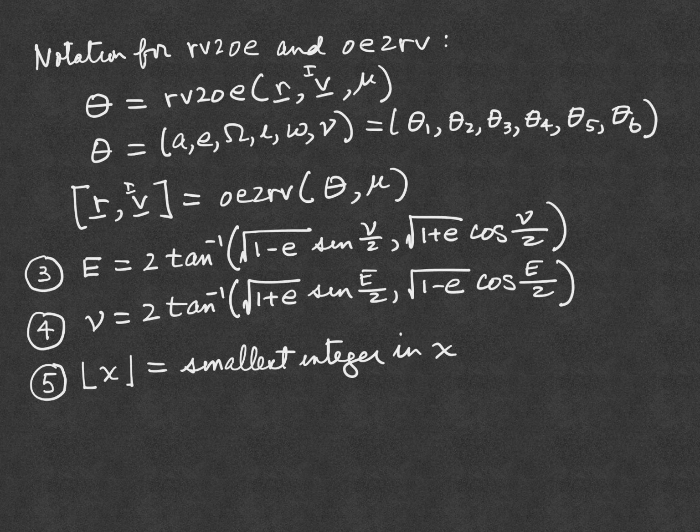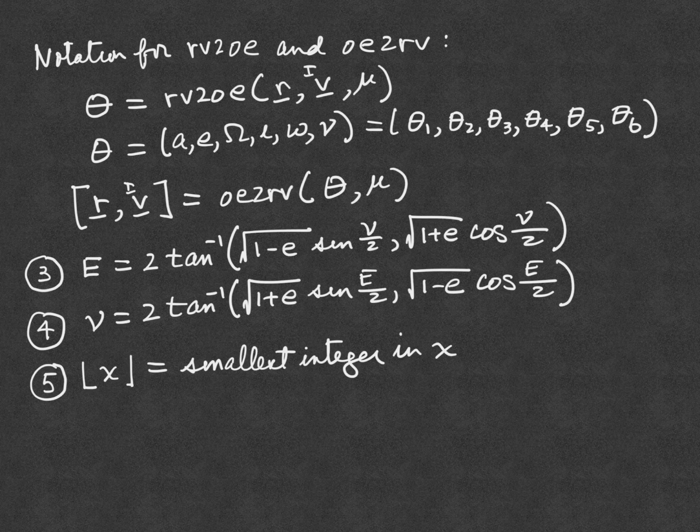So for example, if x is 4.5, well, the smallest integer in 4.5 is 4. If x is 7.2, the smallest integer in 7.2 is 7. And I'm going to need that result in the calculations that I'm about to do. So again, I'm defining it ahead of time so that we're not defining it in line when we're actually doing the method, because it'll get distracting at that point. So these are the basic functions that are going to be used in the method that follows.